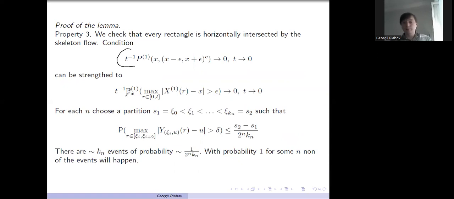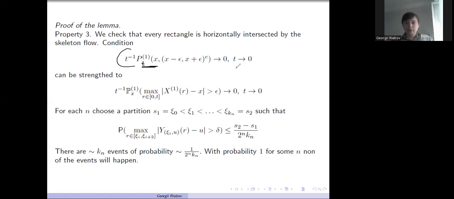We look at the probability that a one-point motion during time t deviated from x at least by epsilon, and this probability converges to 0 faster than t. It is a simple consequence of this condition. I missed t here.